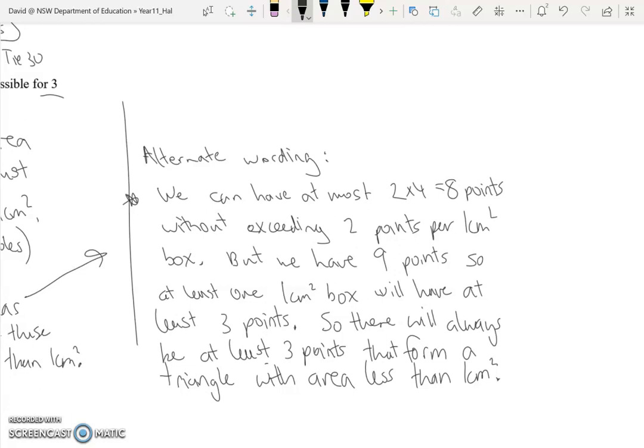We can have at most 2 times 4, which equals 8 points without exceeding 2 points per 1 square centimeter box, but we have 9 points, so at least one 1 centimeter square box will have at least 3 points. So there will always be at least 3 points that form a triangle with area less than 1 square centimeter. So that's some alternate wording. I'll leave that up there. Okay, I prefer this wording, however, it is more to memorize. I understand.